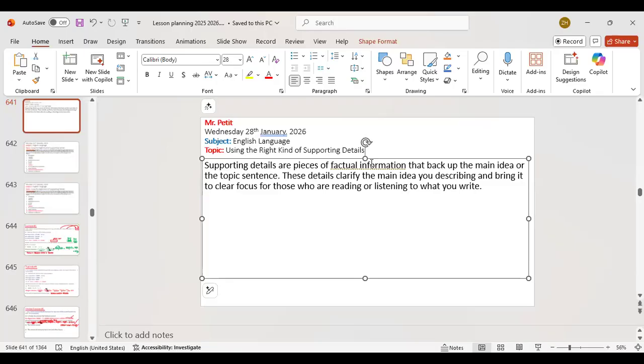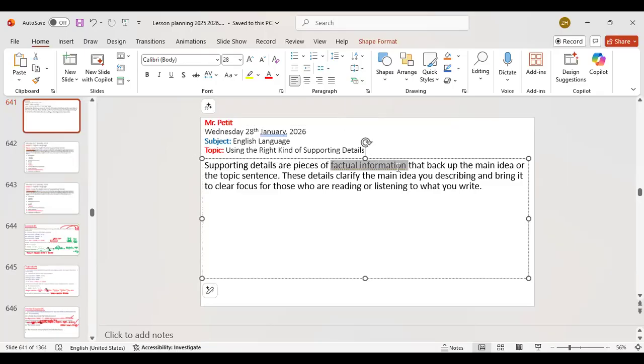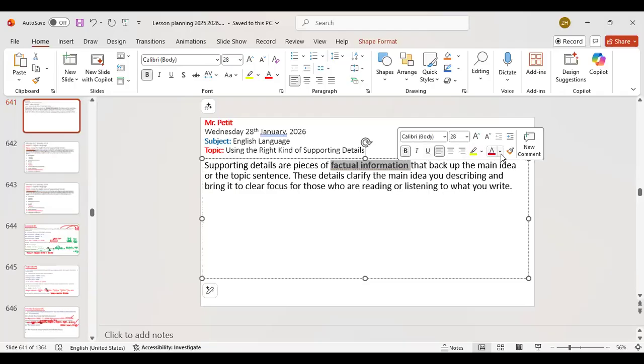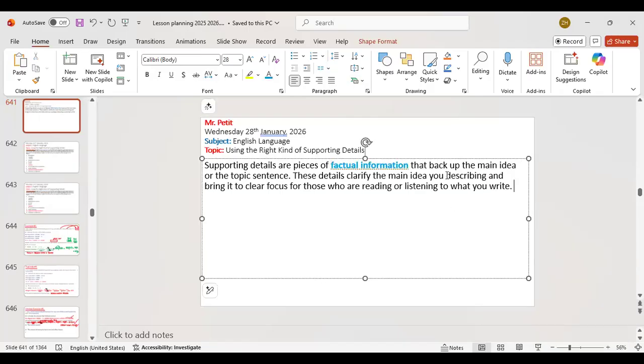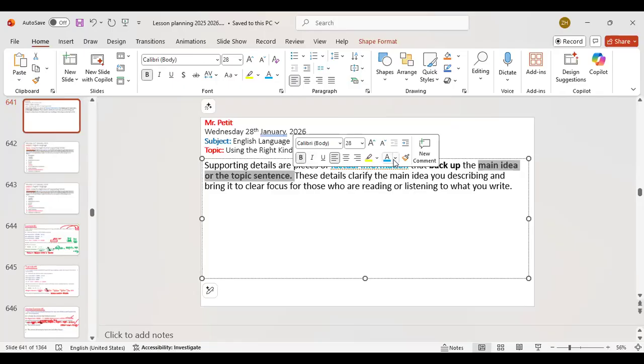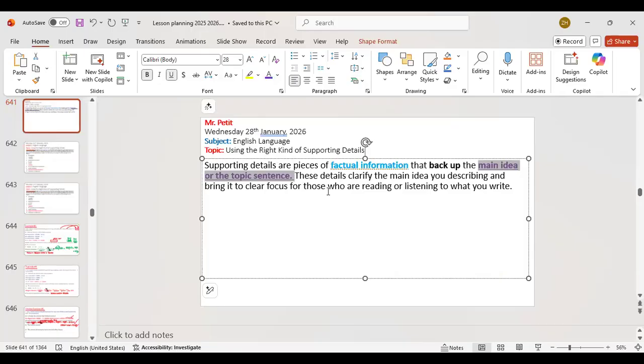Very good. So they are pieces of, I'm going to highlight this, factual information. It must be based on facts, and it backs up the main idea or the topic sentence.